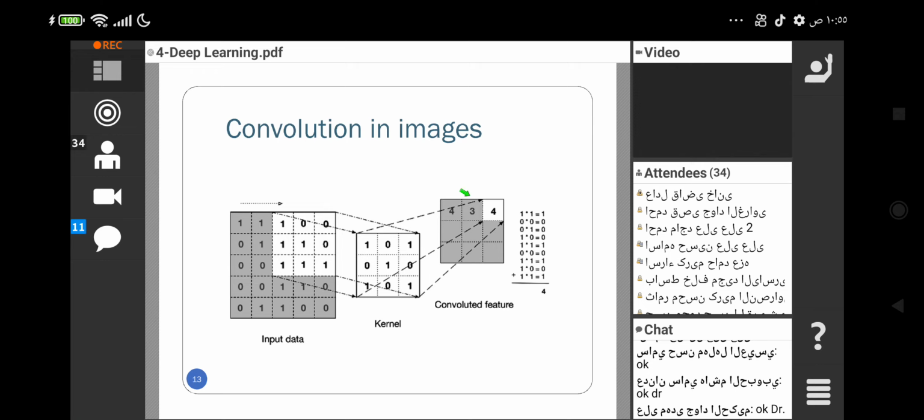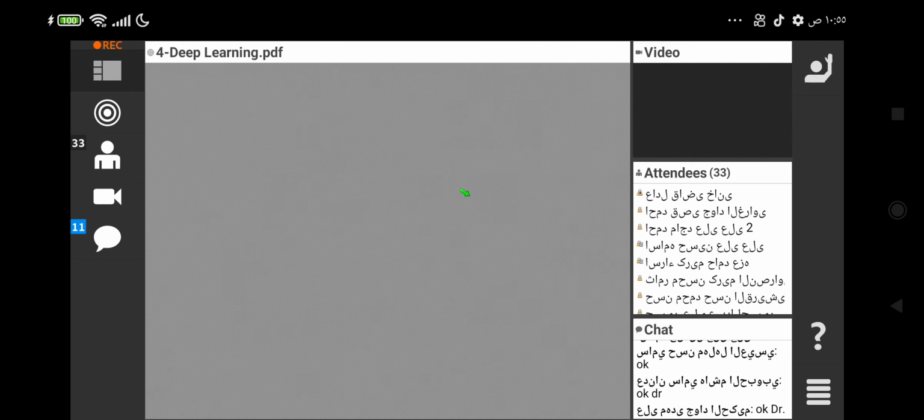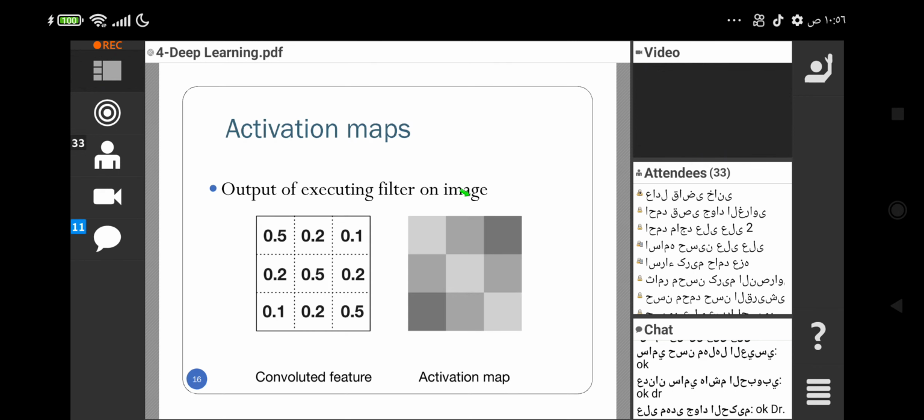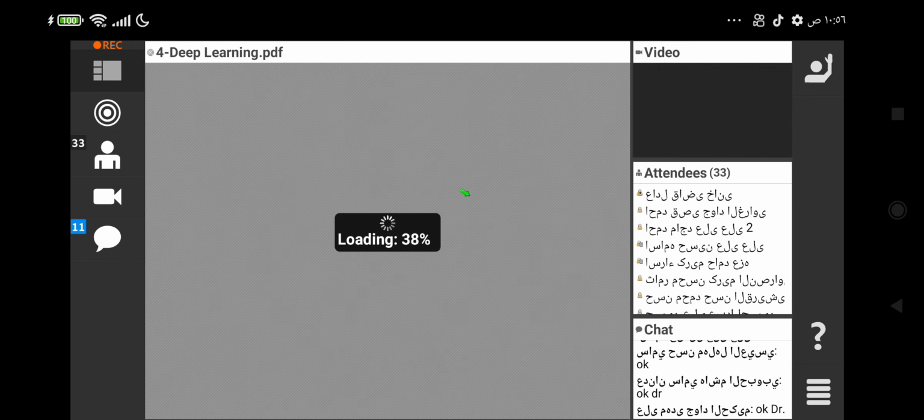This result is called the activation map. Activation map is the result of the convolution.